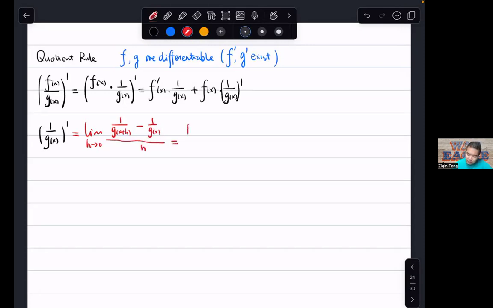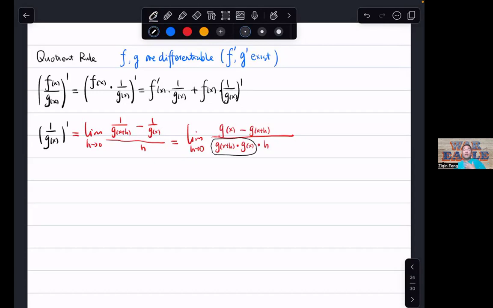So let's arrange it, following the algebra rules. The common factor is g of x plus h times g of x, times h. The numerator is g of x minus g of x plus h. We know the limit of g of x plus h minus g of x over h, and the other two factors, as h goes to 0, because g is differentiable, so it's continuous.